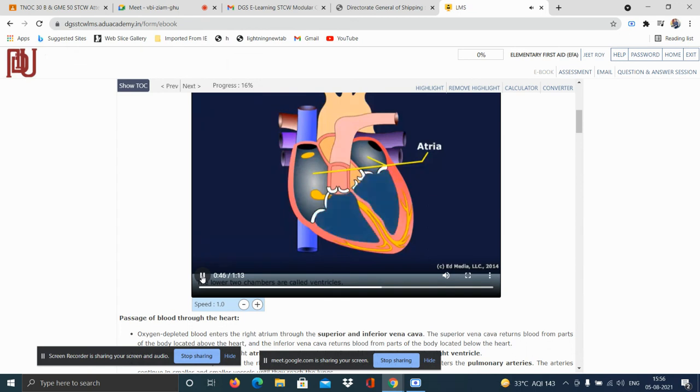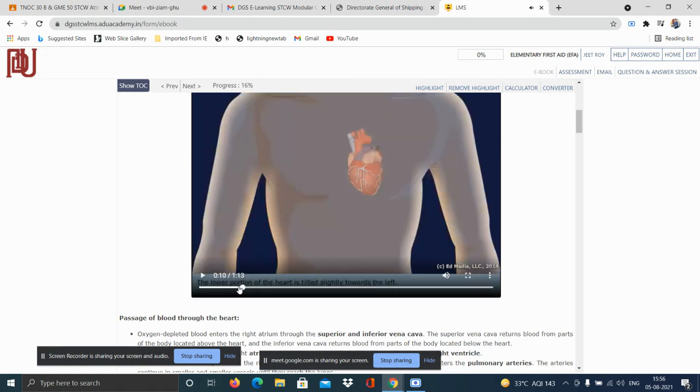The lower 2 chambers are called the ventricles. In the heart, circulation of blood starts from its right side.